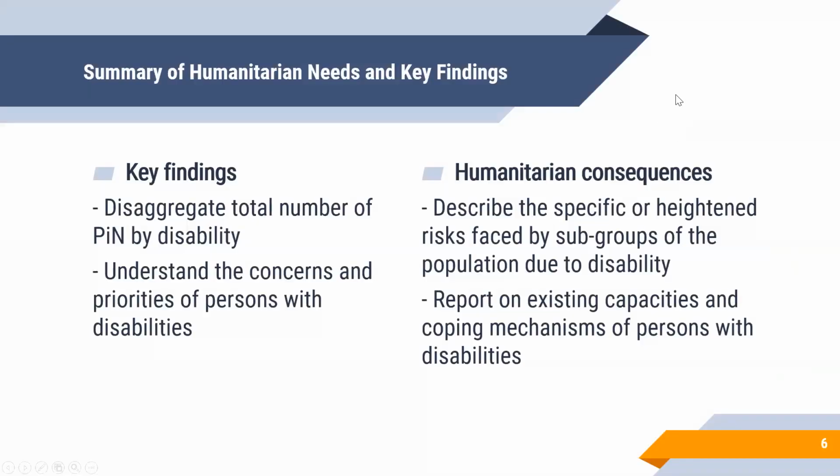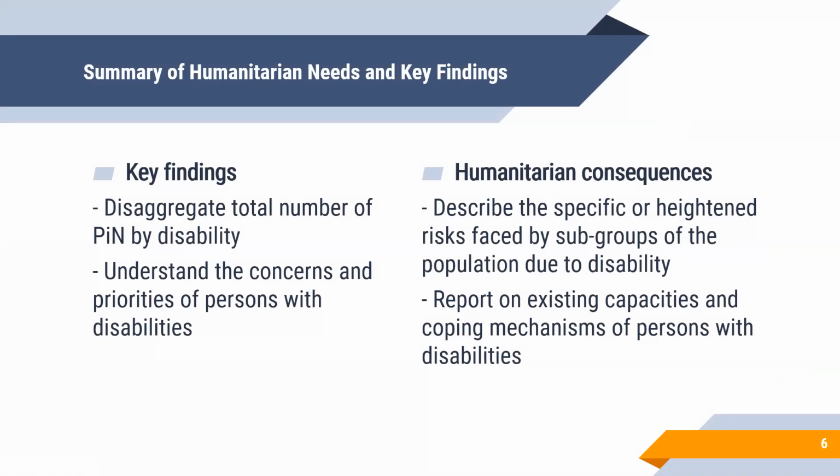Starting with the summary of humanitarian needs and key findings, which is usually the most important and first part of the HNO, we will have two parts. The key findings usually describe the situation in general and the humanitarian consequences. In the key findings, at least we need to ensure that the total number of people in need is disaggregated by disability.